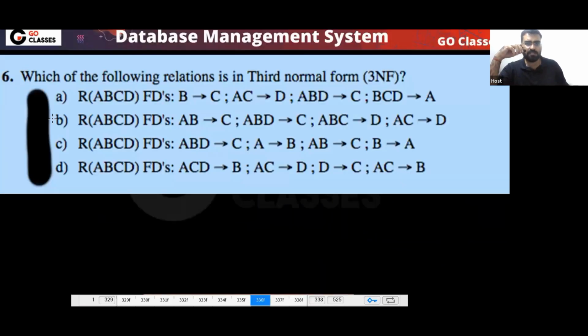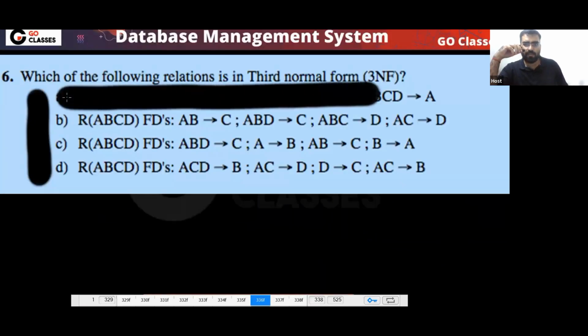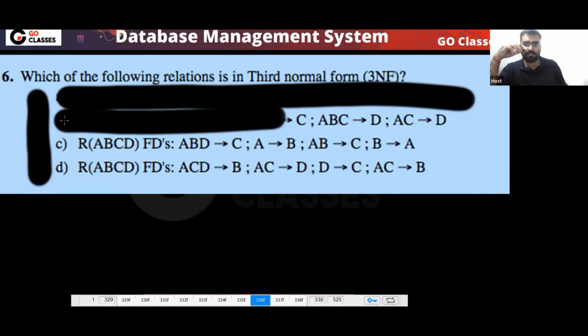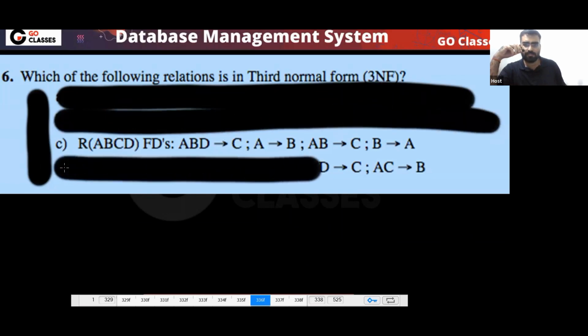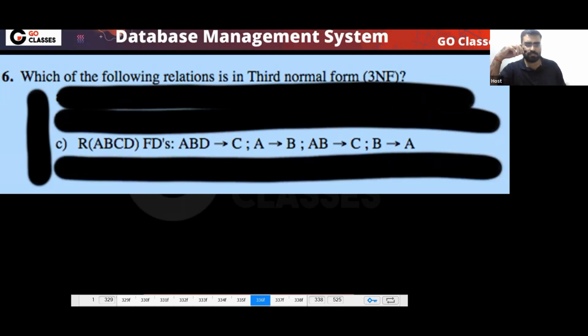What about the third one? What is the candidate key?